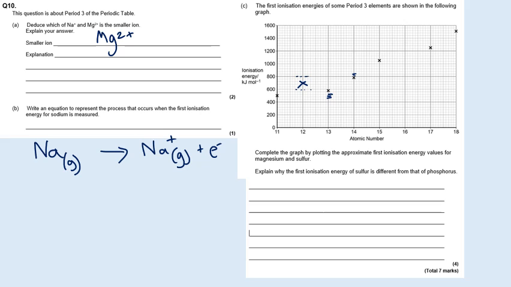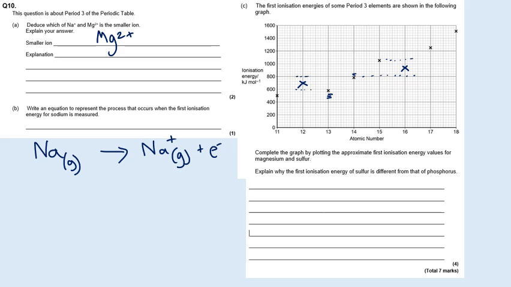1 mark. And then we're asked to put in sulfur. Again, the temptation would be to put it somewhere here, but that's wrong because sulfur has a drop from phosphorus due to the electron pair repulsion. So again, we're looking for any region between those dotted lines there. And I've explained it. Okay, so an explanation why the first ionization energy of sulfur is different from phosphorus.